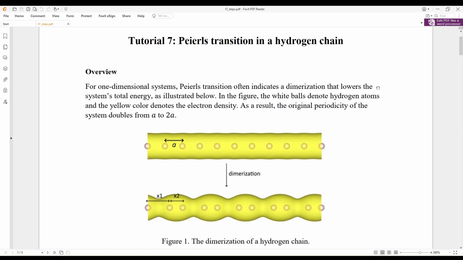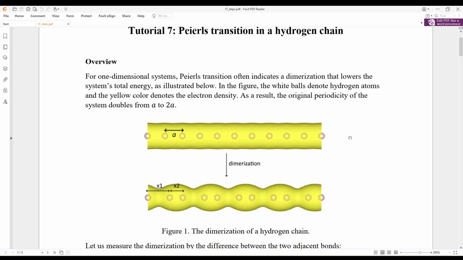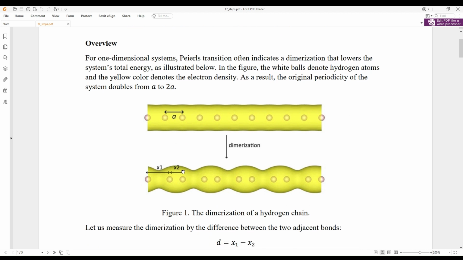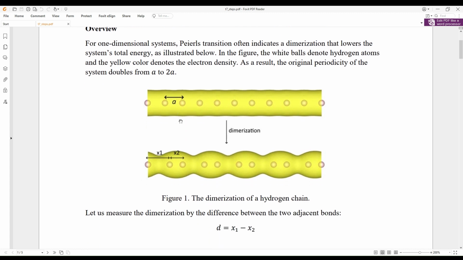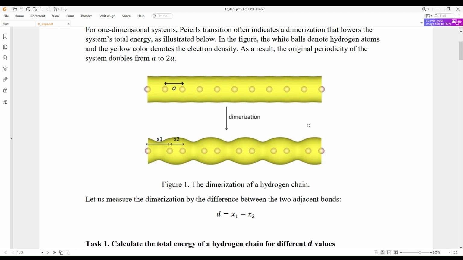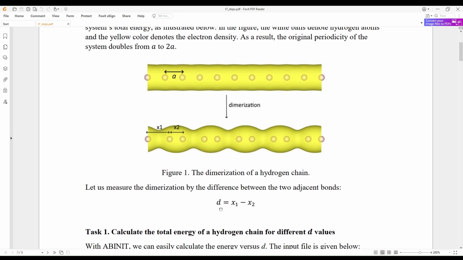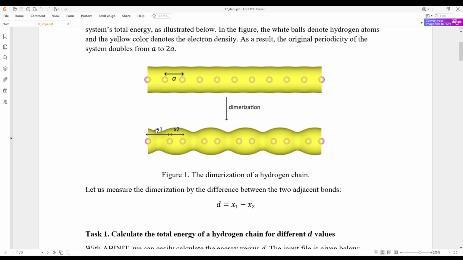The Peierls transition says that the uniformly distributed hydrogen chain system is unstable, so it will spontaneously lower its energy by dimerization, which means that x1 will be different from x2. In order to quantify the dimerization, I define a quantity d, which measures the difference between x1 and x2.